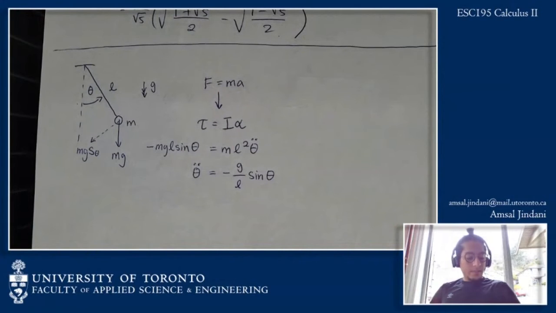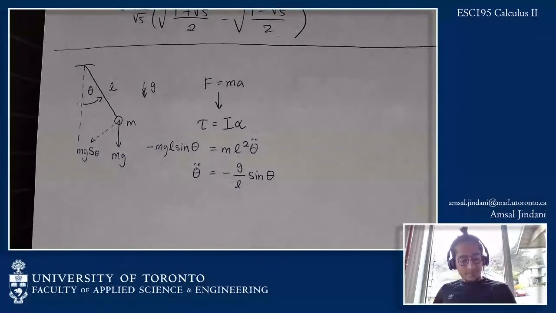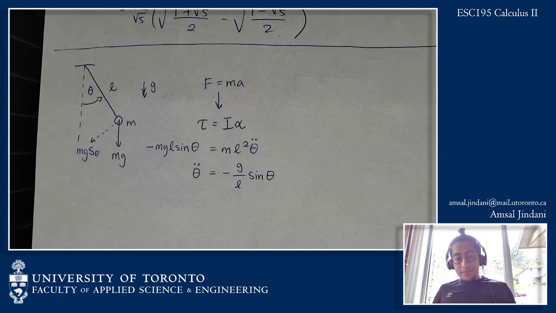And then what is the key step that nearly every physics textbook takes to solve and obtain the equations of motion for this situation? There's an approximation that nearly everyone makes. Yeah, everyone just takes a small angle approximation, right?